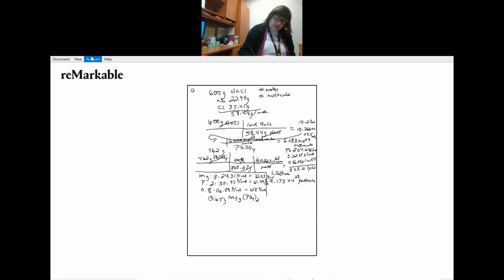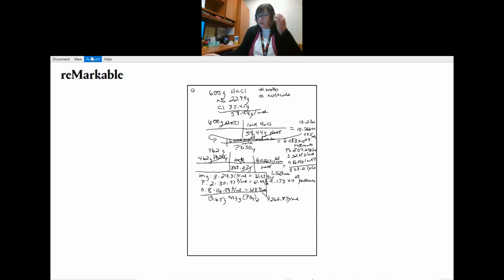And if I add all of that happy stuff together and put my answer over here, 72.93 plus 61.94 plus 128, it gives me 262.87 grams per mole.